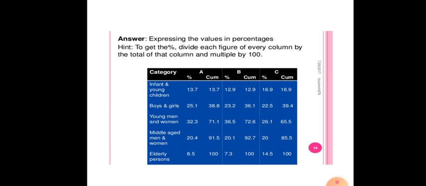Calculate it like this, expressing the values in percentages. To get the percentage, divide each figure of every column by the total of that column and multiply by 100. So for country A, young children came to 13.7 percent after calculating, for B it's 12.9, and for C it's 16.9.